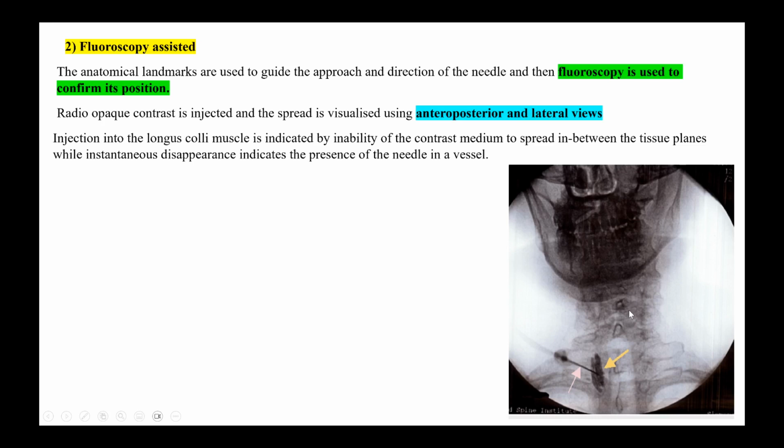So the picture will look like that. In the fluoroscopic view, first you inject the contrast here. You will see that it is spreading over the longus colli muscle, and this is the needle direction coming here. Once the contrast is staying like this, immediately you follow it up with the local anesthetic injection.